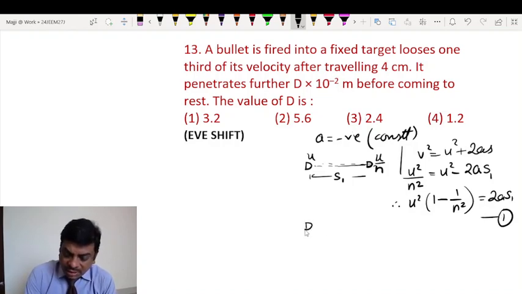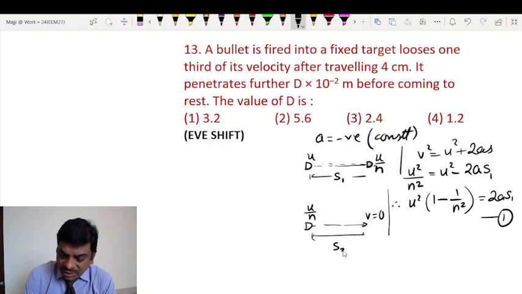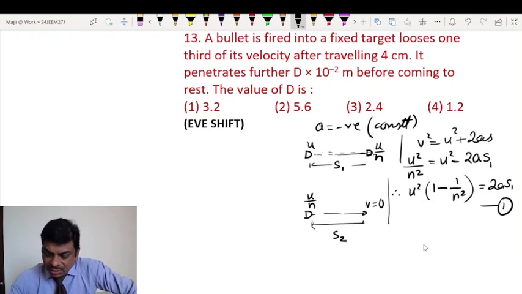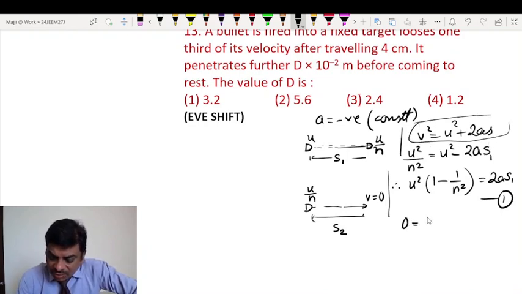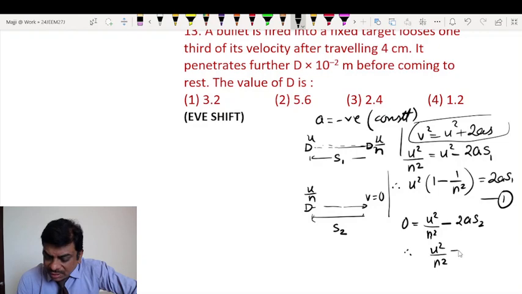So again it is now traveling with velocity u by n, and it has to come to rest. So final velocity becomes 0. Let us say it further penetrates a distance s2. Okay. So again using the same formula, we can write final velocity square is equal to initial velocity square minus 2a into s2. So therefore u square by n square is equal to 2a s2. This is equation 2.